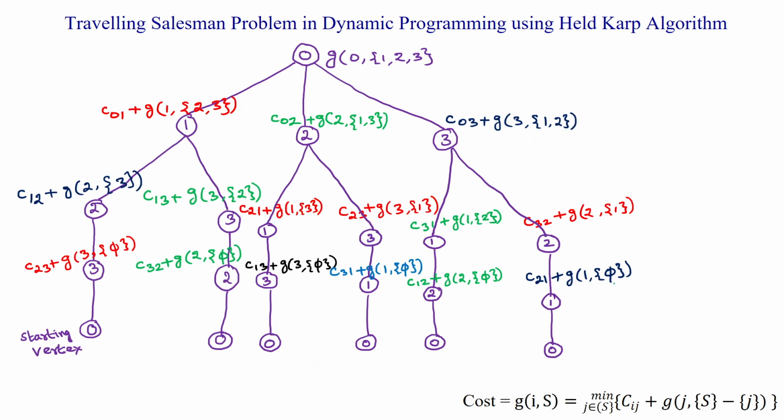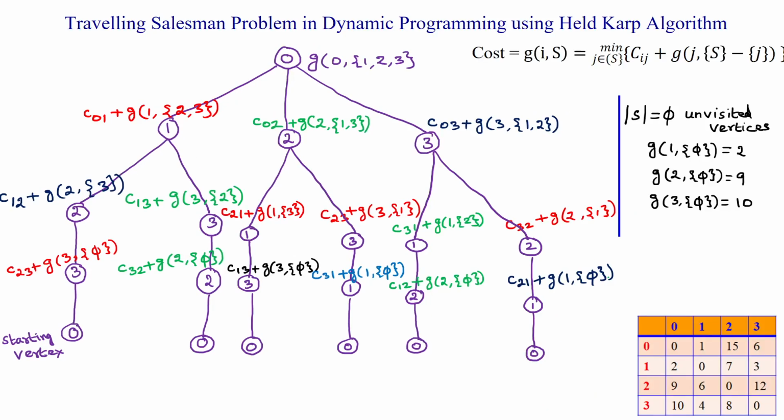Based upon that, first we have to write the cost values for number of unvisited nodes equal to 0, that is empty. So I am selecting here cardinality of S equal to 0, unvisited nodes are empty, right? First I am taking g of 1 comma pi, then g of 2 comma pi, 1 comma pi already we have taken here, then 3 comma pi.